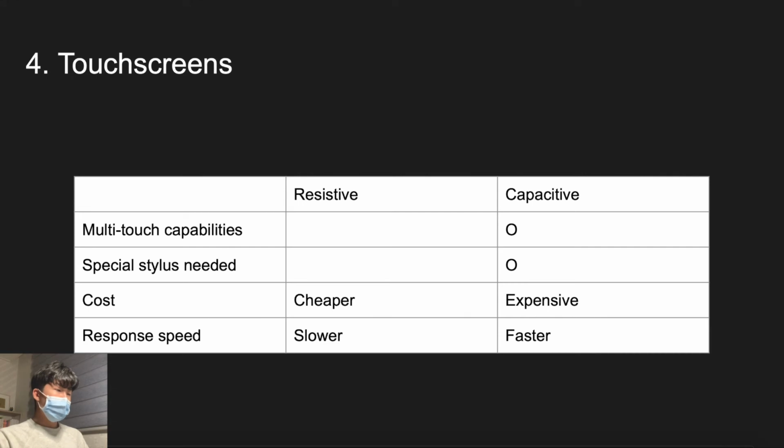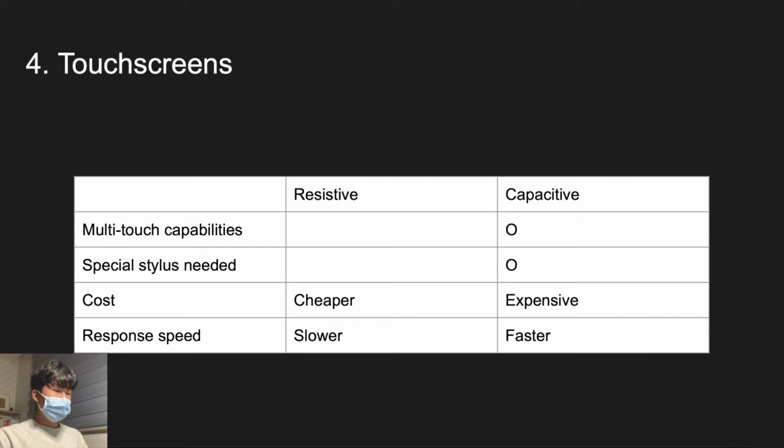So capacitive touchscreens have multi-touch capabilities, while resistive touchscreens don't. On the other hand, capacitive touchscreens cannot get input of touch when a specific stylus or finger is not used. So if you use gloves, it wouldn't work basically because a glove is not a conductor, so charge is not moved. Whereas for resistive touchscreen, there only has to be contact between the 2 layers.